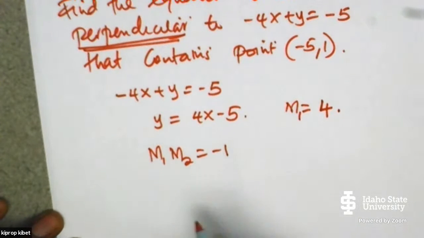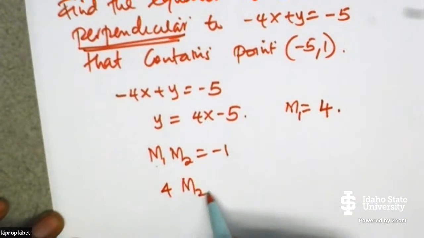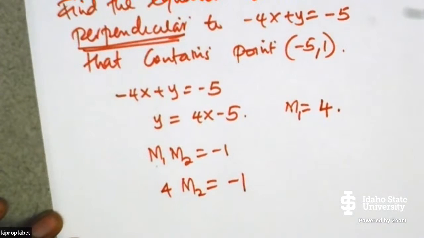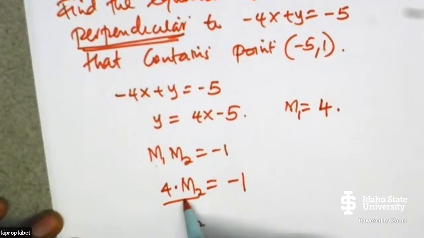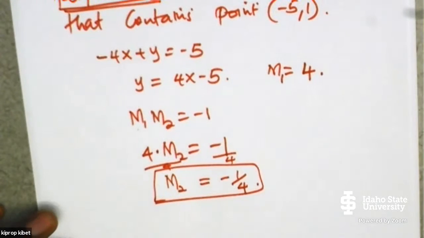So what will be our M2? We just put back here: 4 times M2 equals -1. So what is the value of M2? We divide both sides by 4, and M2 is equal to -1/4. That is the gradient of the second line.